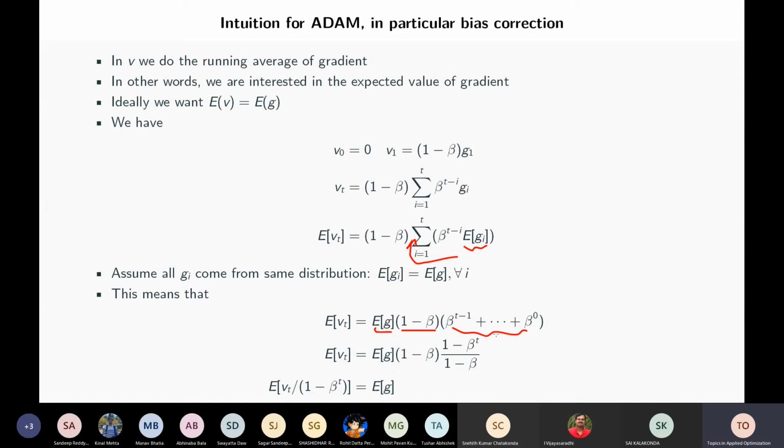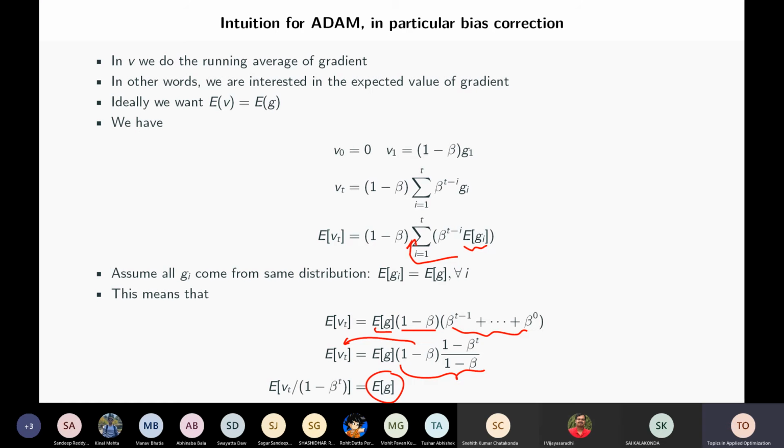Okay, and then what is this, right? This is the sum of the first t terms in a geometric series. The formula for that is (1 minus beta to the t) divided by (1 minus beta). So 1 minus beta gets cancelled. What we observe from here is that if we divide Vt by this term, we would have exactly got the expectation of the distribution.